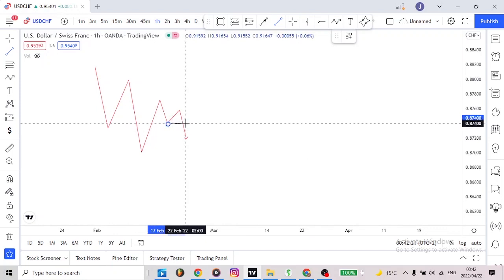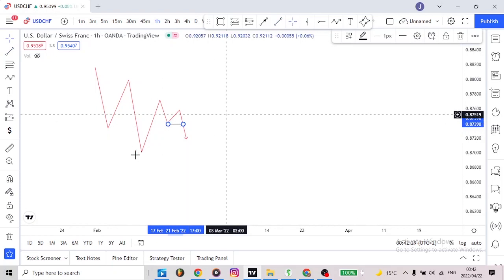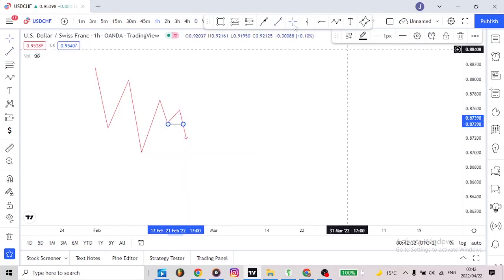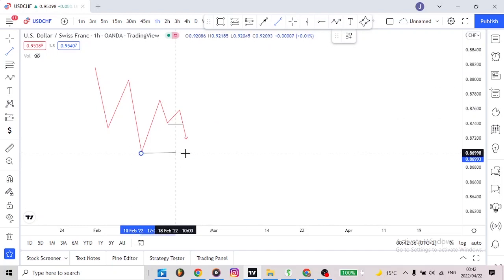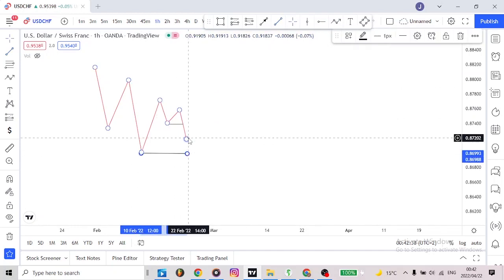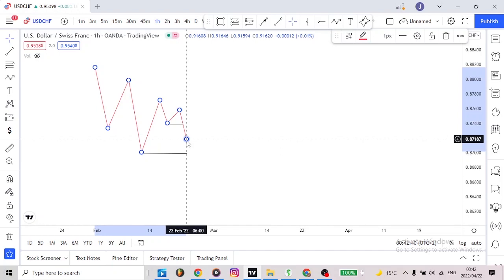This does not give us a signal that the market is continuing. For it to be a break of structure, we must take out the previous low, and this is not the previous low, so we must take out this low over here. And immediately when we take out this low over here, that's when it becomes a break of structure.